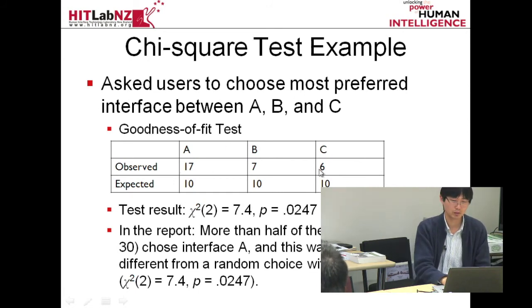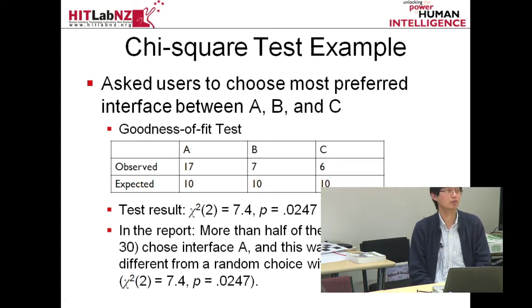So observed values are different from random choice, which means this 17 people choosing A is not out of just random chance, but it's a meaningful result of saying people choose A more. But if the p-value was more than 0.05, then even if people chose A most, we cannot really say this is a statistically significant result. But you can still report A was the most preferred interface anyway, in a descriptive way.